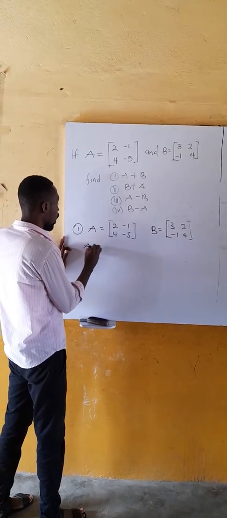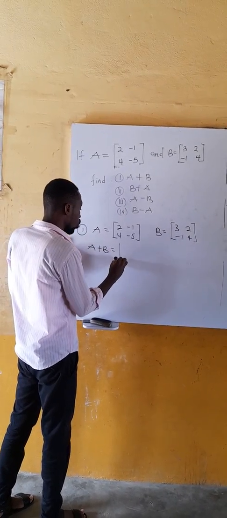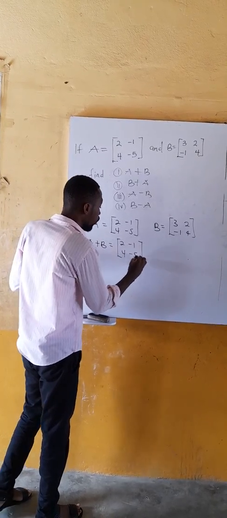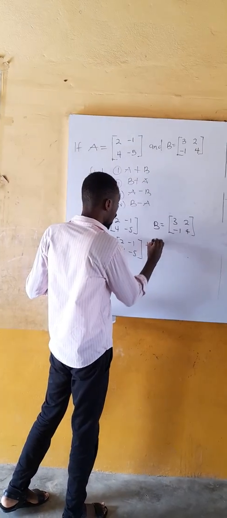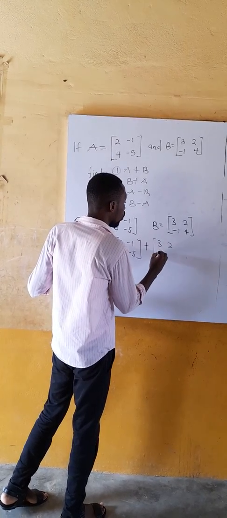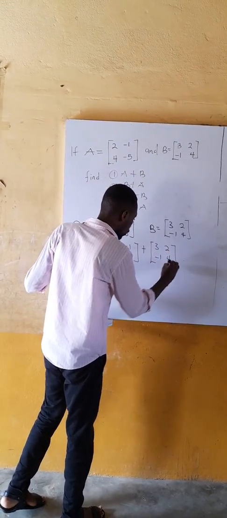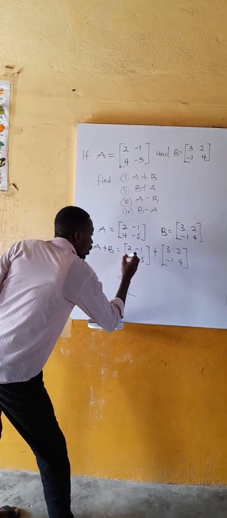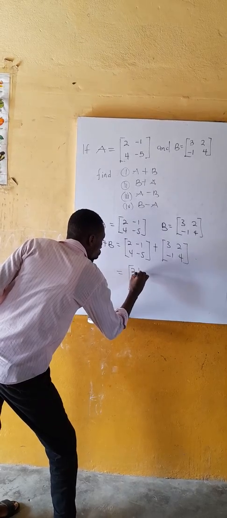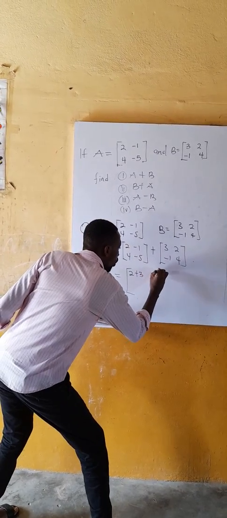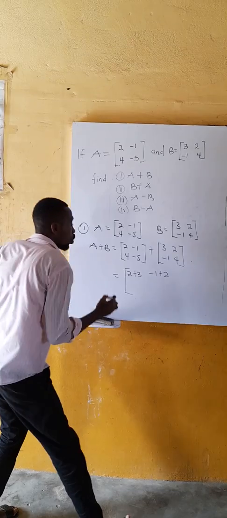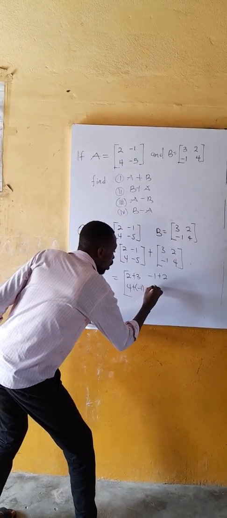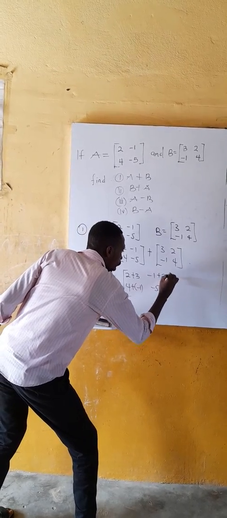So our A plus B will be equal to 2, negative 1, 4, negative 5, plus 3, 2, negative 1, 4. So what do we do? We add 2 to 3, so 2 plus 3, minus 1 plus 2, 4 plus minus 1, then minus 5 plus 4.